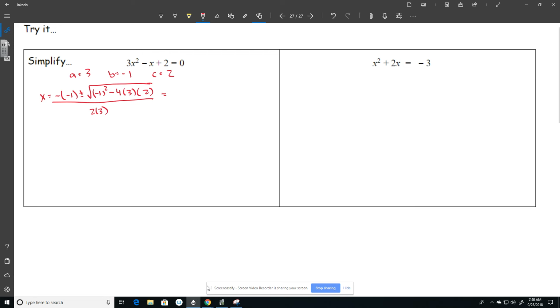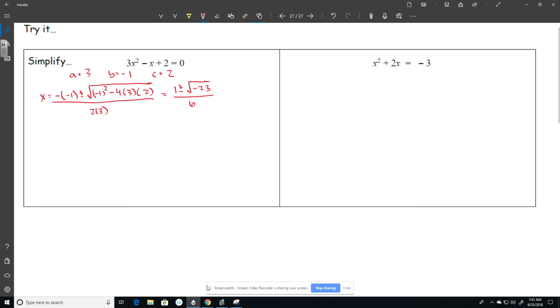So when I simplify, -1 becomes 1, plus or minus the square root of, if I put this in my calculator, that's going to be 1 minus 4 times 3 is 12 times 2 is 24. 1 minus 24 is -23. And all of that gets divided by 2 times 3, which is 6.